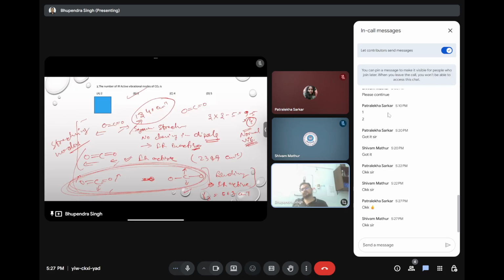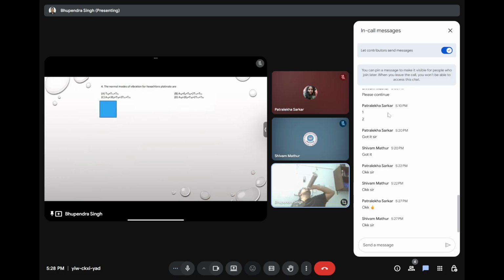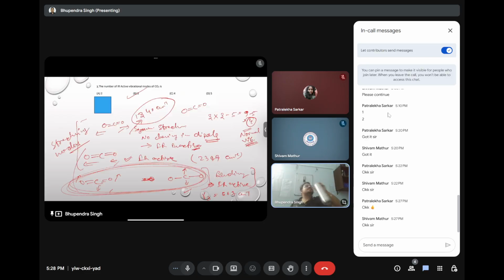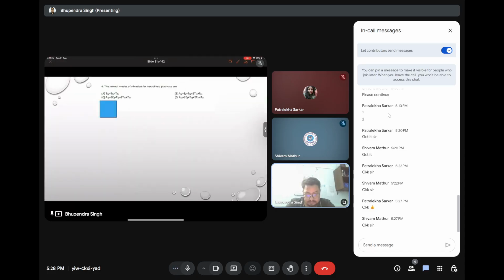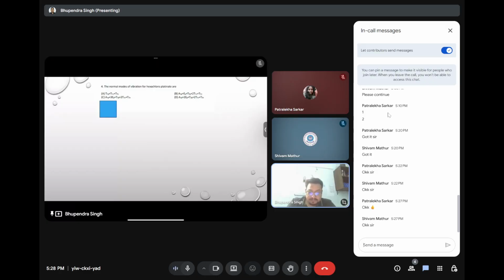Okay, moving to next question. So the normal modes of vibration for hexafluorochloroplatinate.